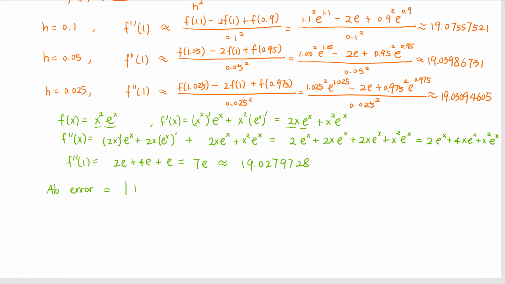Okay, the first one, we use 19.07557521 minus our true value 19.0279728. And what is this number? Why don't we copy down everything and then we can do the calculation at one time, right?